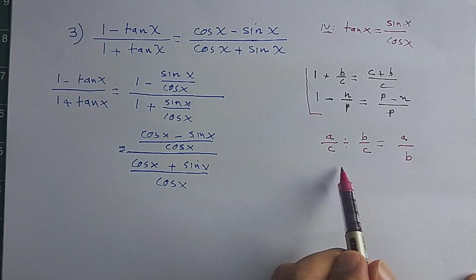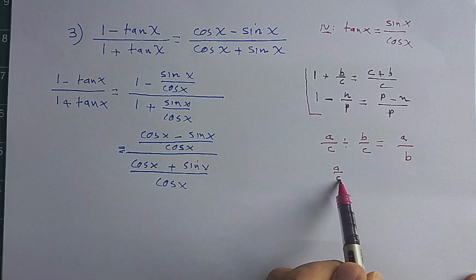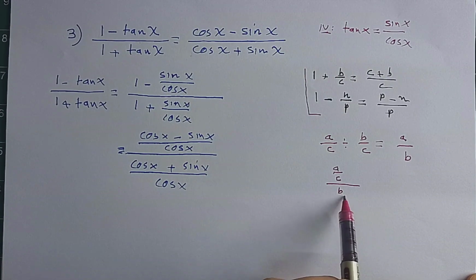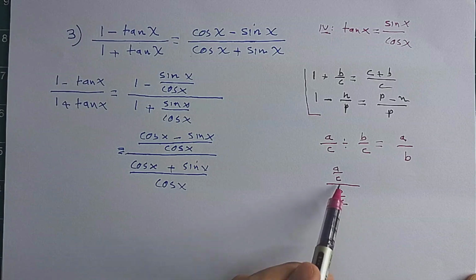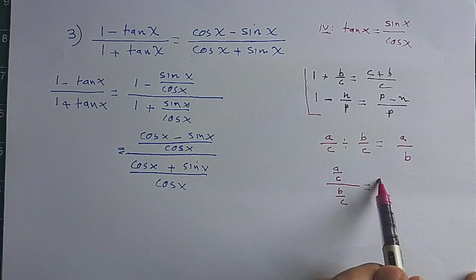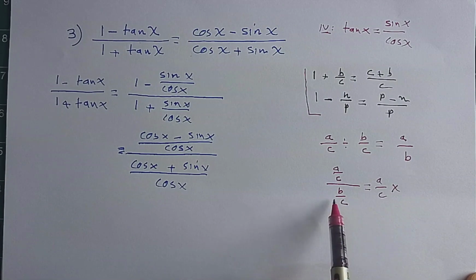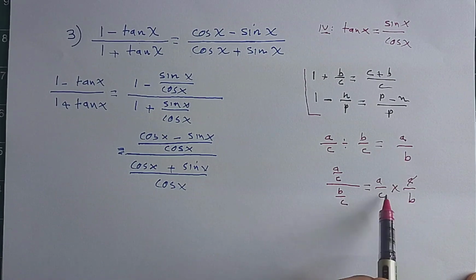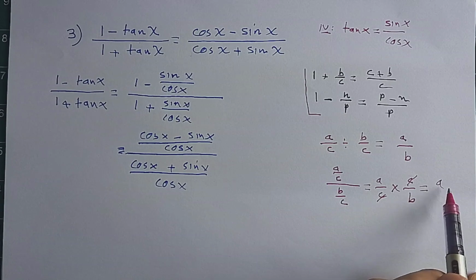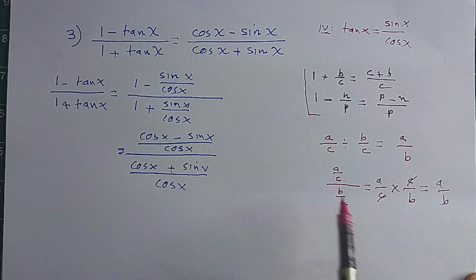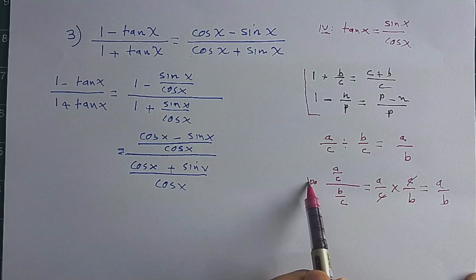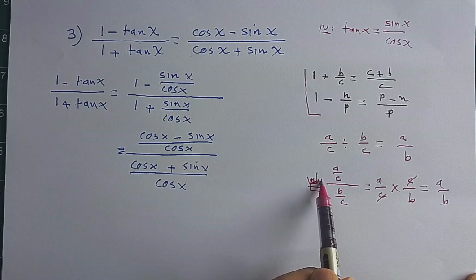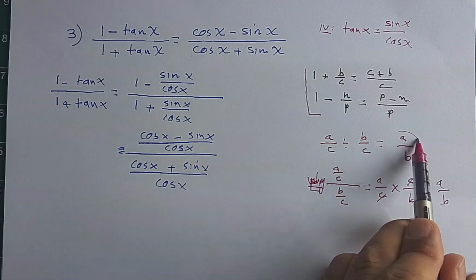Why? Because we have a out of c over b out of c, the same as a out of c times c out of b. So I simplify by c and get a out of b. This is the proof. Why do you have this result?